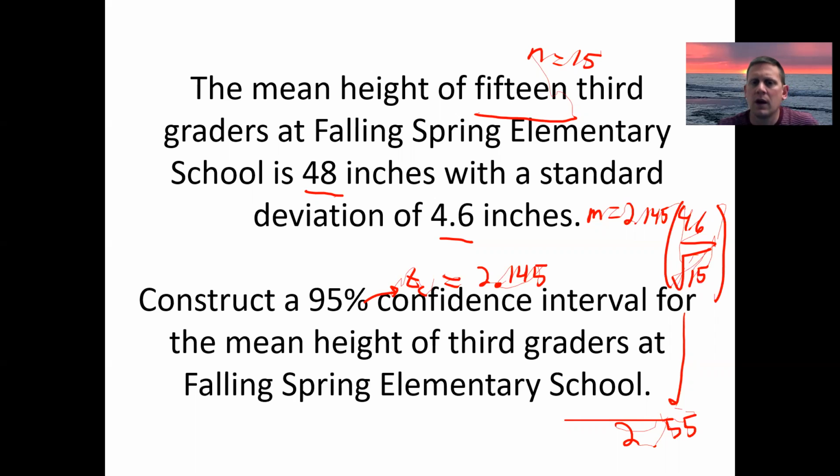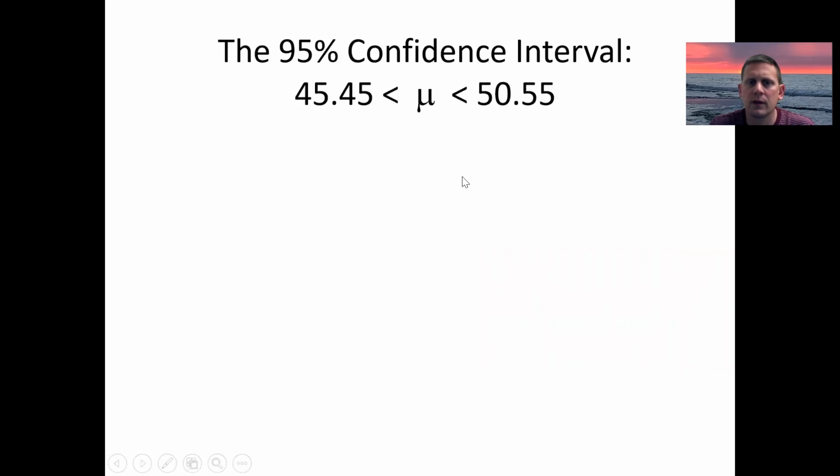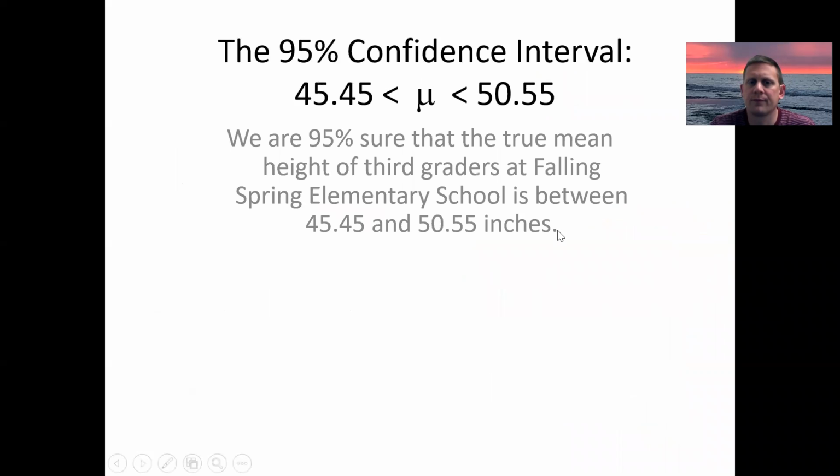Okay. And then you take the mean, which is 48, add this number, and subtract this number, and you get these. So there's your answer. And then there's your interpretation: we are 95% sure that the true mean height of third graders at Falling Spring Elementary School is between those two numbers. All right, let me know if you have any questions.